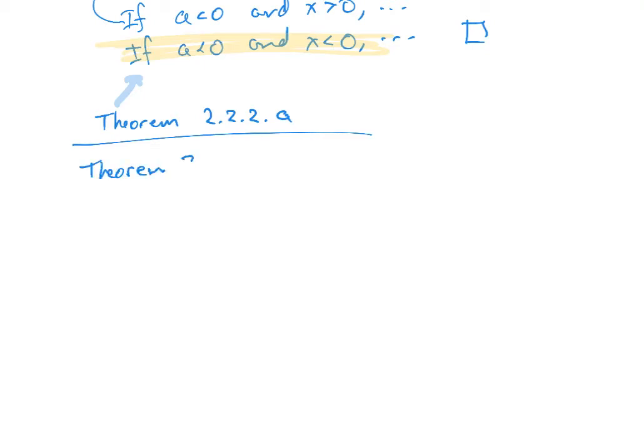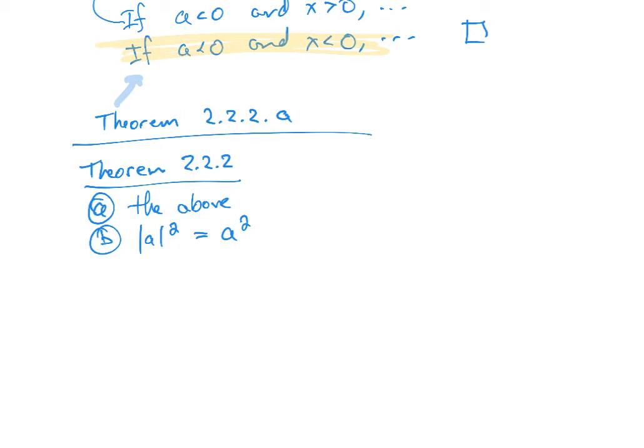We've got theorem 2.2.2 from the book. Part A was the above. Part B says that the square of the absolute value is equal to the square of the number for all real numbers A.